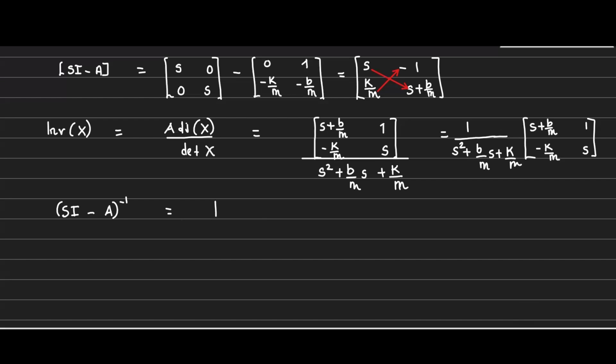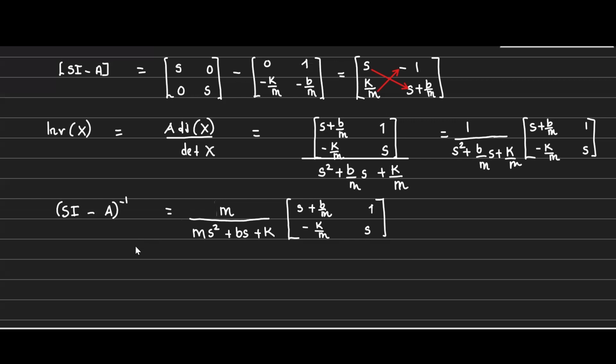You notice that you're going to have M on top, and here you have M S squared, and then you just remain with B times S, and then plus K. And then multiply by the other matrix: S plus B over M, 1, minus K over M, then S. Okay, so this is sI minus A inverse.